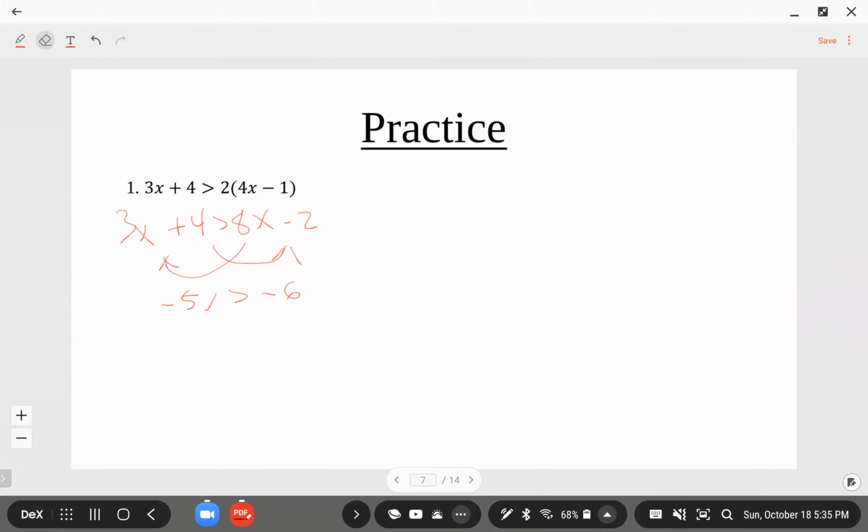Usually, I think it's just dividing by a negative. So negative 5x is greater than negative 6, right?